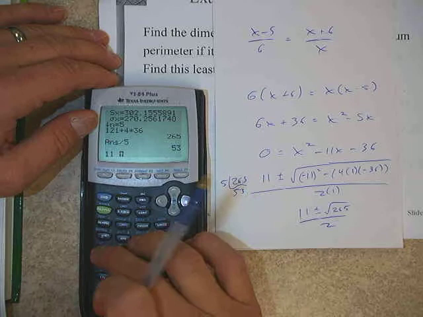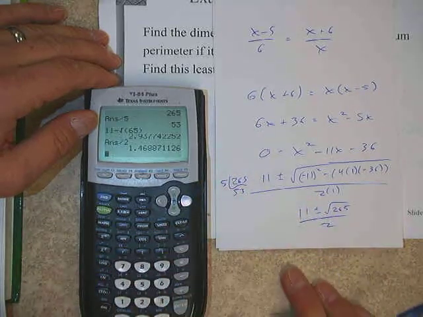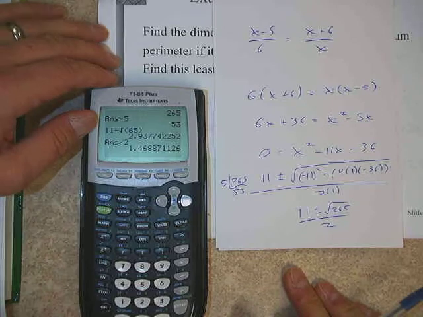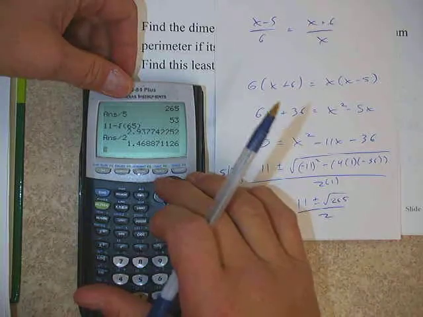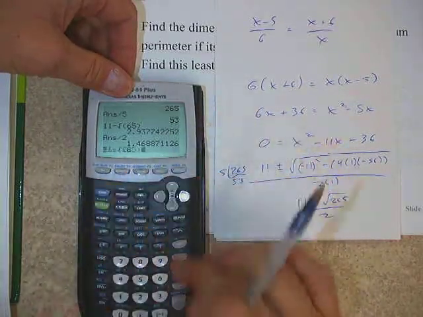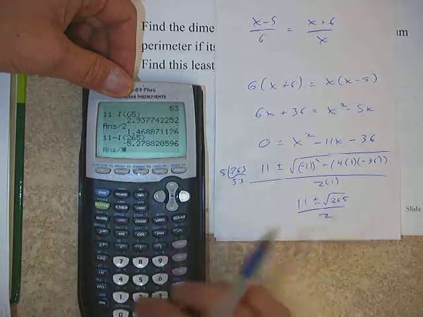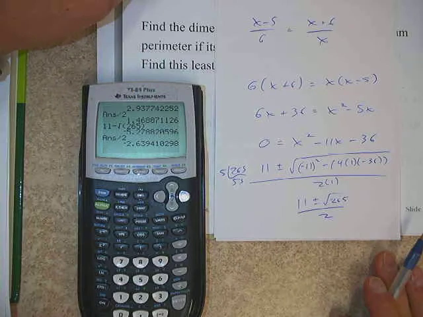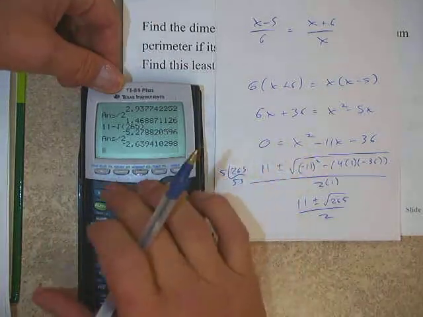So if we do 11 minus radical 265, divide that by 2, and then we divide that by 2, we get, there's the negative 2.639 that we expected.